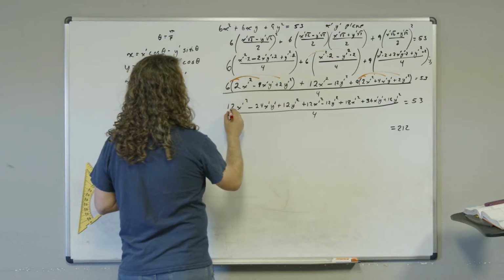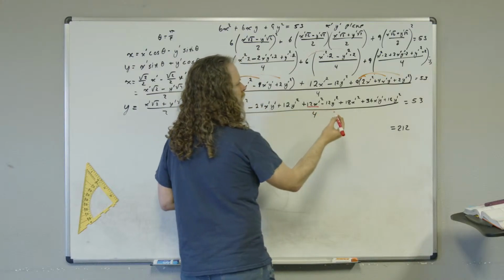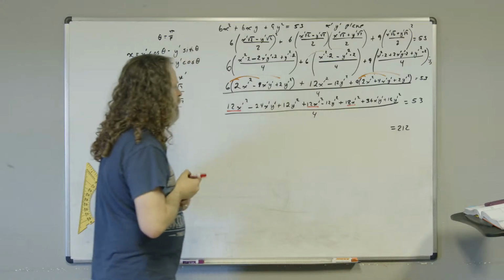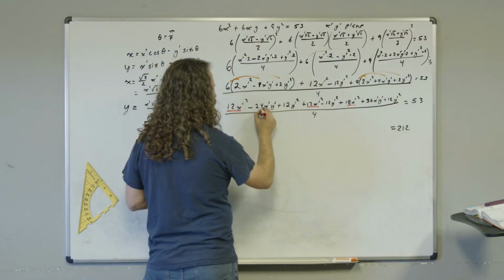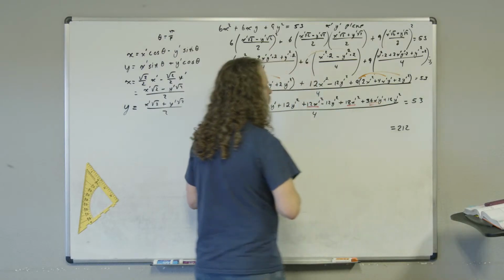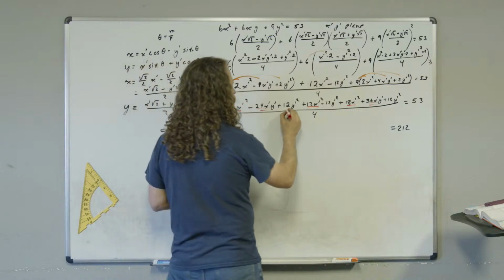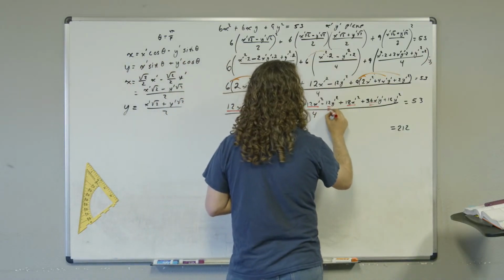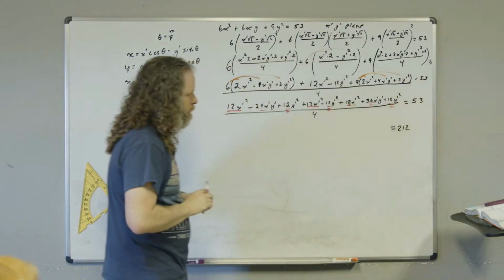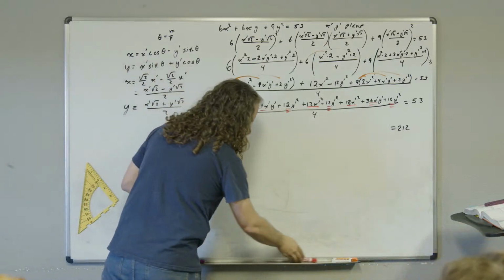The x prime squareds are here and here and here. The x prime y primes are here and here. And the y prime squareds are here and here. Now we don't have a fraction anymore.